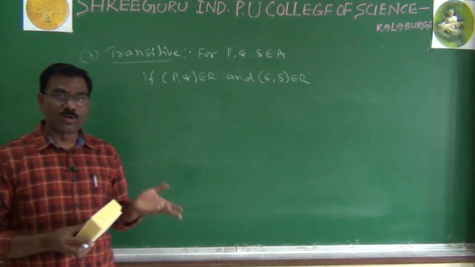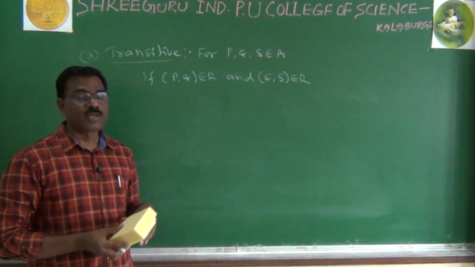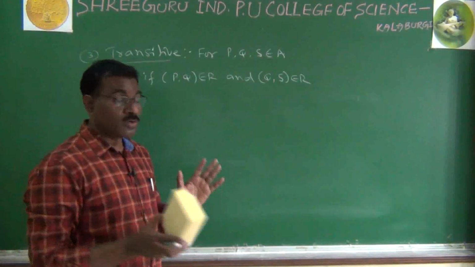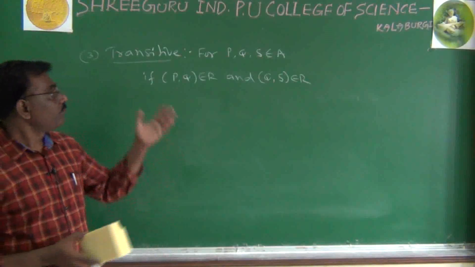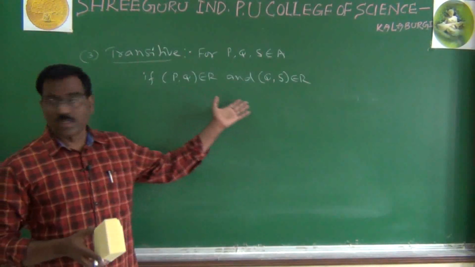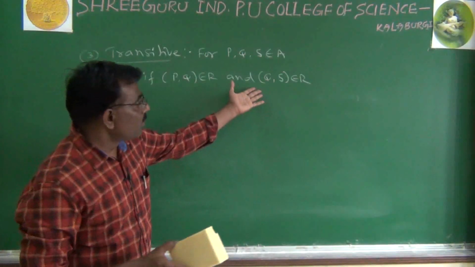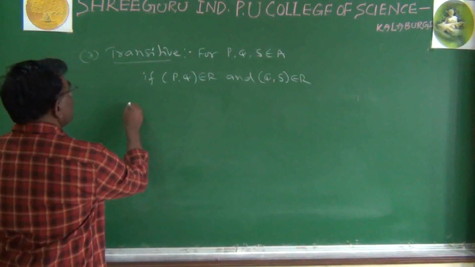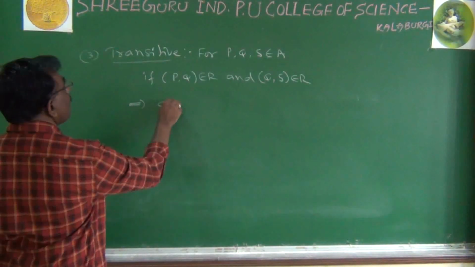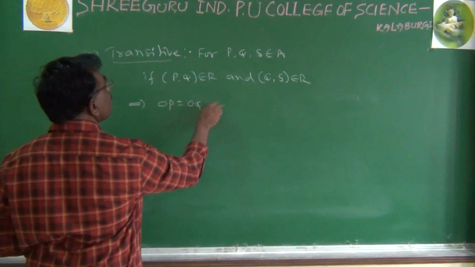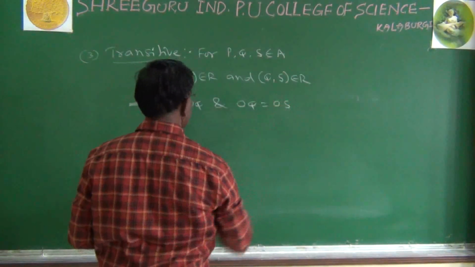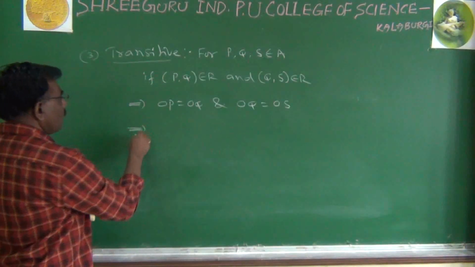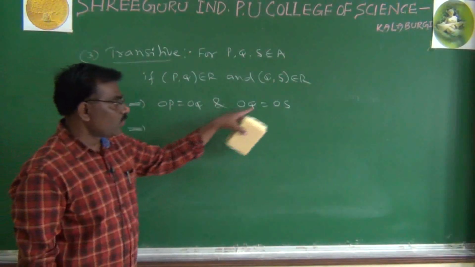In symmetric, one ordered pair is given, but in transitive, how many ordered pairs are given? Two ordered pairs, (A, B) and (B, C). So (P, Q) belongs to R, (Q, S) belongs to R. It implies OP equal to OQ and OQ equal to OS.